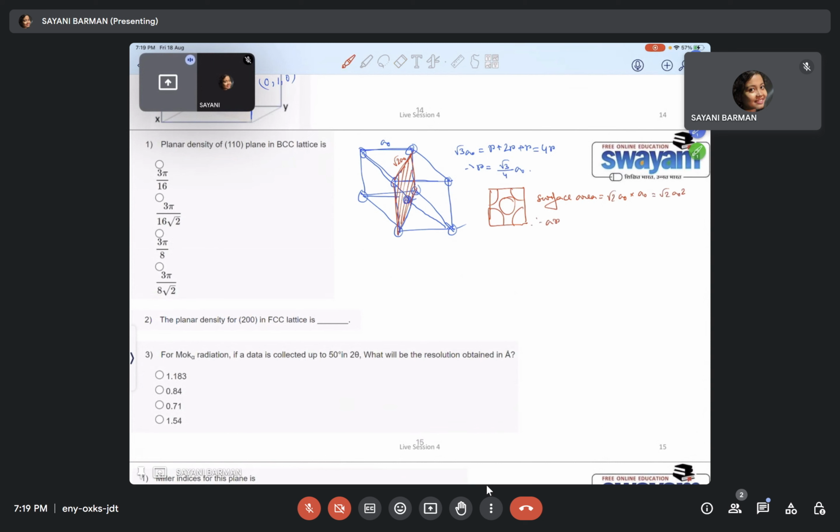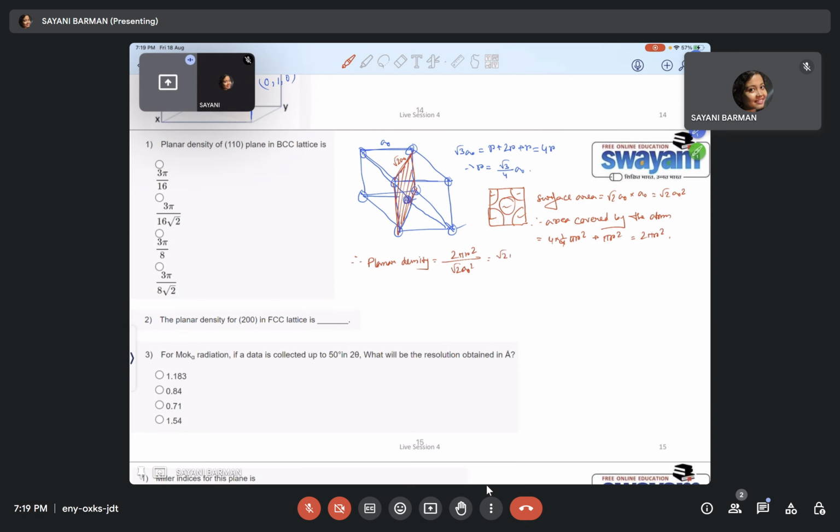Then the area covered by the atoms would be 4 into 1 by 4 pi r square for the corners, and 1 pi r square for the center atom. So this is 2 pi r square. Then the planar density would be the area covered by the atoms divided by the surface area, root 2 A0 square.